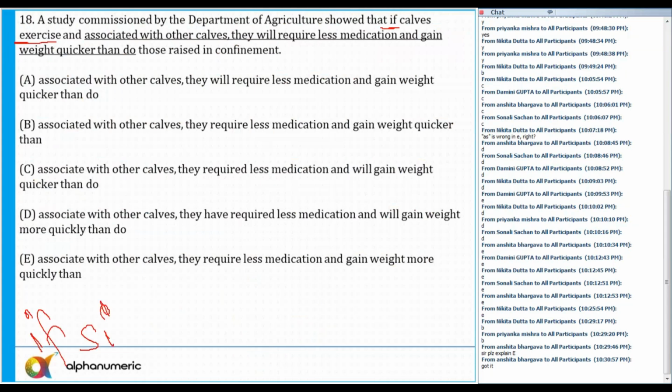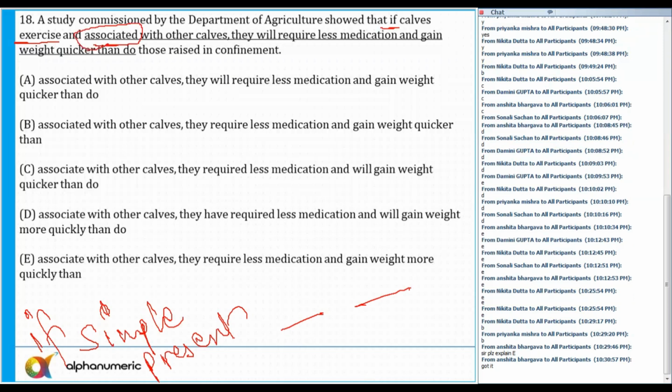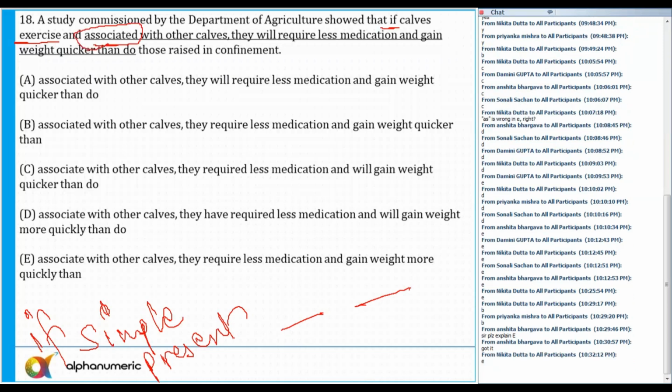If the tense in the if clause is simple present, then all of them will be simple present. So if calves exercise and associate with other calves, then what will happen? They will require, again this is simple present, exercise is also simple present.